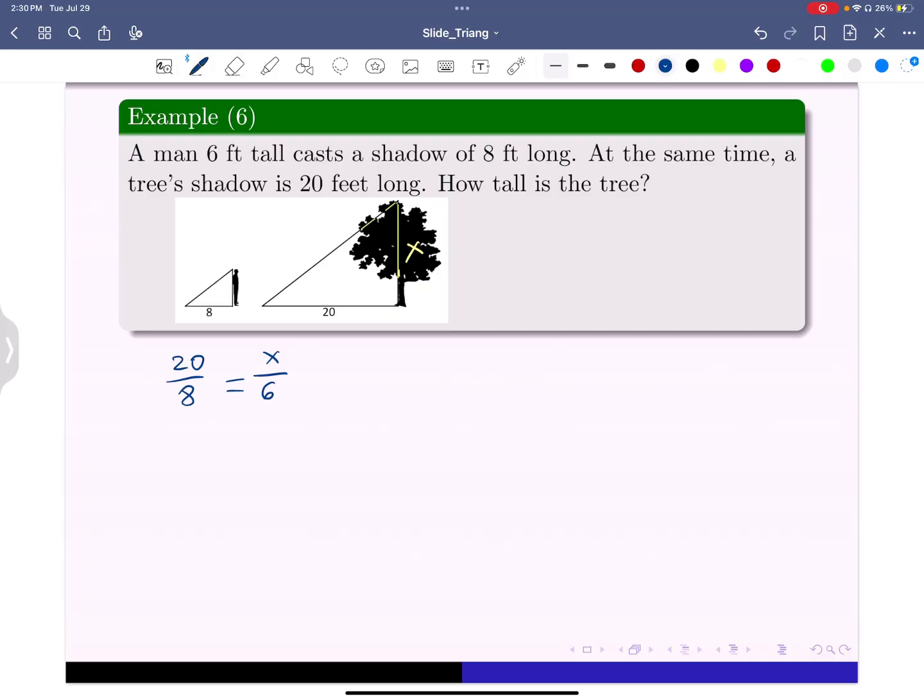So we have 8 times x is 8x, equal to 20 times 6, which is 120. And divide by 8. So x is equal to 15. How tall is the tree? The tree is 15 feet tall.